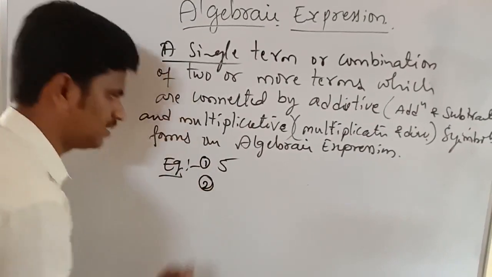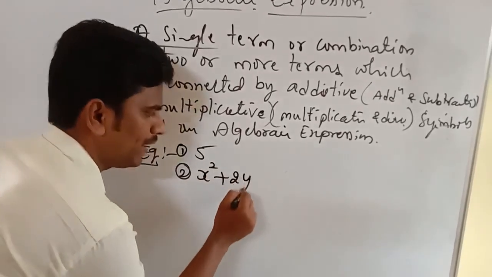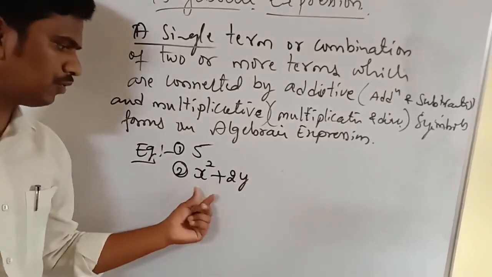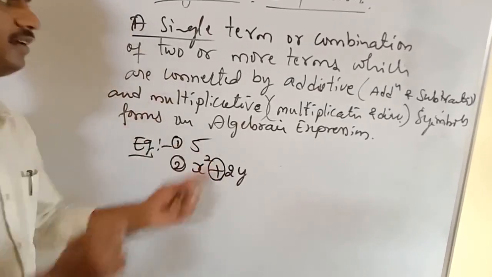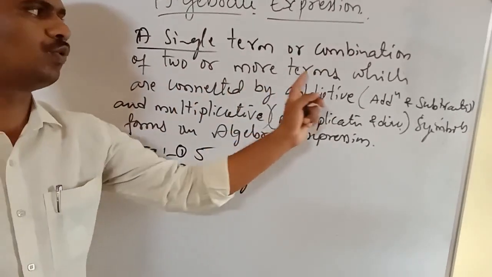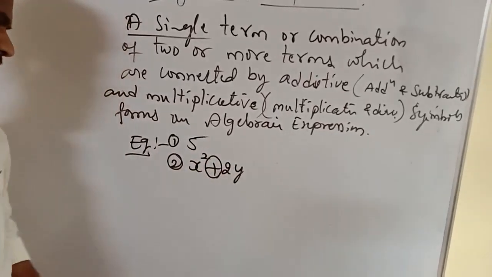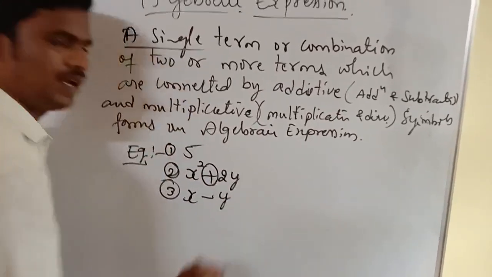This is first example. Second example, x square plus 2y. Here x square is one term, 2y is another term. Now we have considered two terms which are connected by addition, and that is a combination of two or more terms which are connected by which operation? Addition operation. Then another example, x minus y.